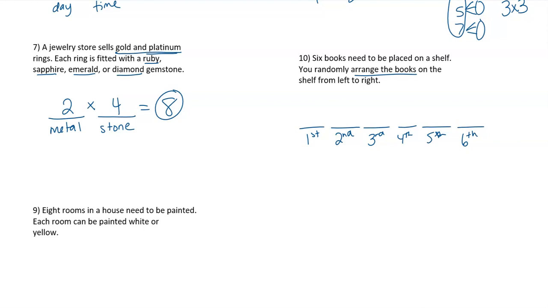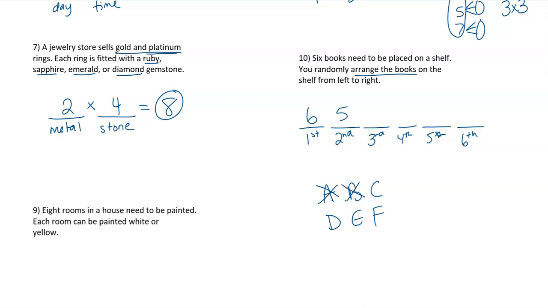Now, when we go to select that first book, how many outcomes are possible for that first book? Well, we have 6 books to choose from. So let's say our books are A, B, C, D, E, and F. So we have 6 to choose from for that first spot. So there's 6 possible outcomes. But once we've put a book there, we can't put that book in the second spot. So now we only have 5 books to choose from for the second spot.